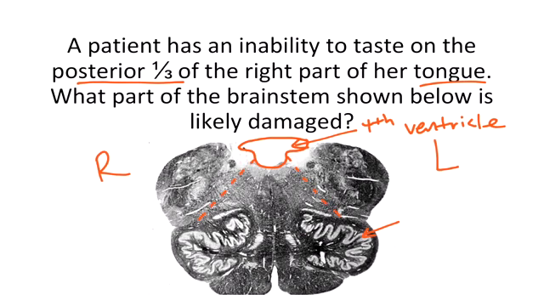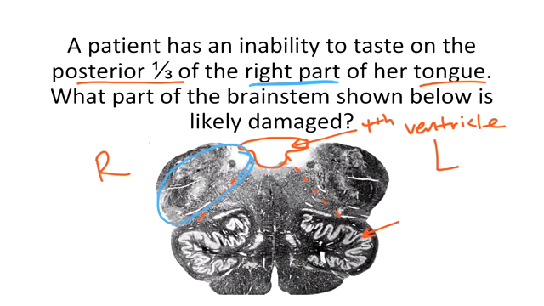This means that nuclei lateral to the sulcus limitans are associated with sensory information. This means the damaged nucleus must be somewhere in this region here. This is lateral to the sulcus limitans, and it's on the right part of the medulla.